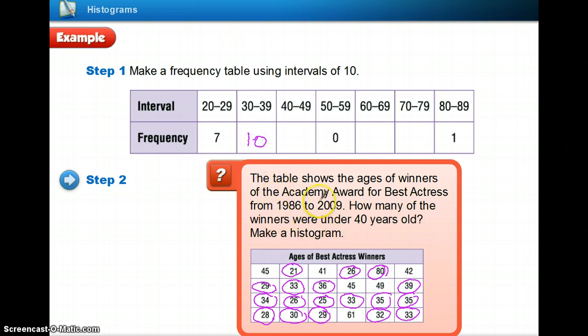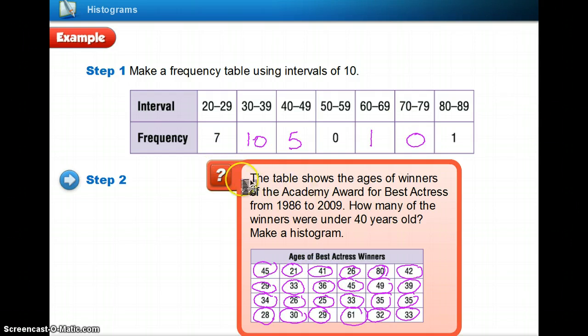And then if we want to go 40 to 49, we have 1, 2, 3, 4, 5. 60 to 69, we have 1. And then if you notice, there's 0 for 70 to 79. And I circled them just so that I made sure that all of them got accounted for. Sometimes it's hard to check when you have so many numbers to be able to see what you used and what you haven't.